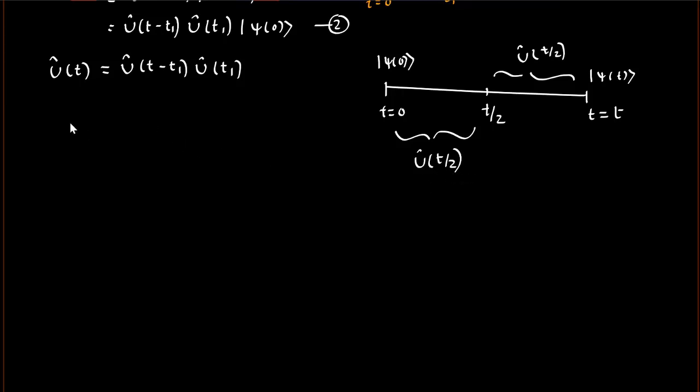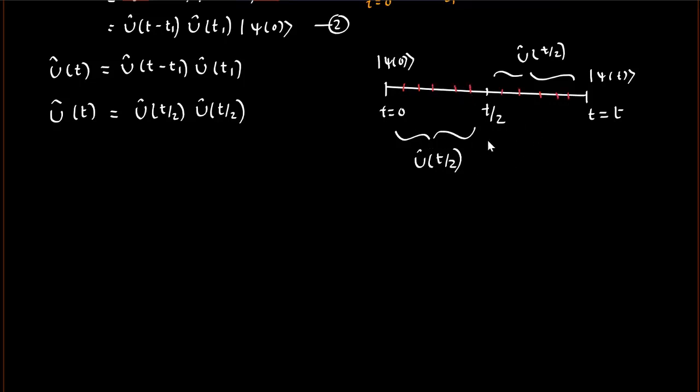Okay, so when we divide this timeline into two equal parts, then I can write our original evolution operator as U of t by 2, again U of t by 2. So let us try to generalize it more. I can also divide this timeline into n numbers of equal parts, right?